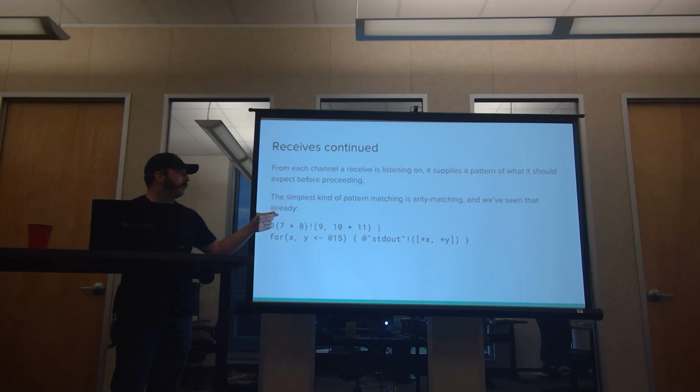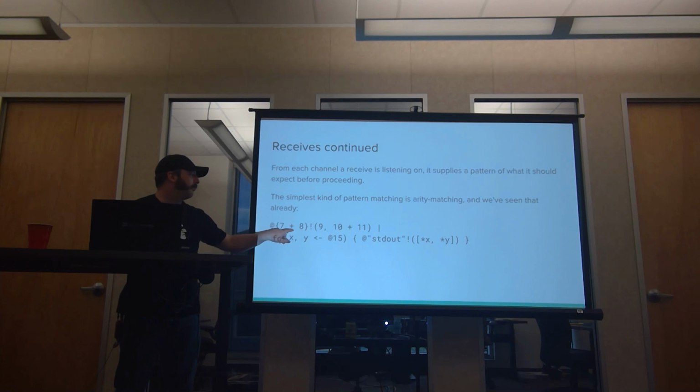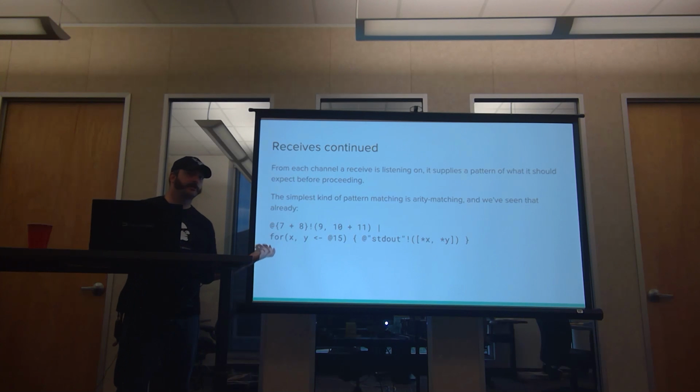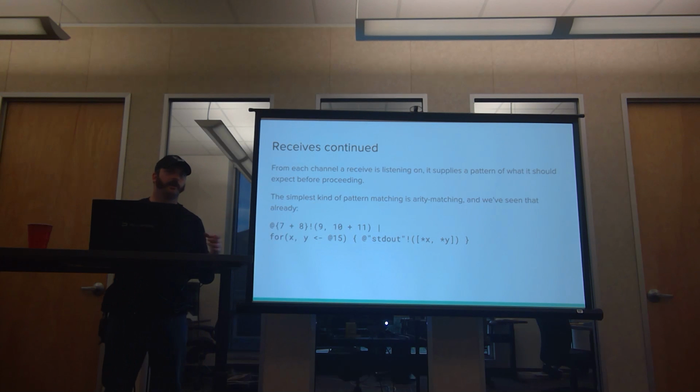The simplest kind of pattern is just arity matching. So this send sends 2 values, and this receive is expecting 2 values. If this receive were expecting 3 values, or this send only sent 1, they would not match.